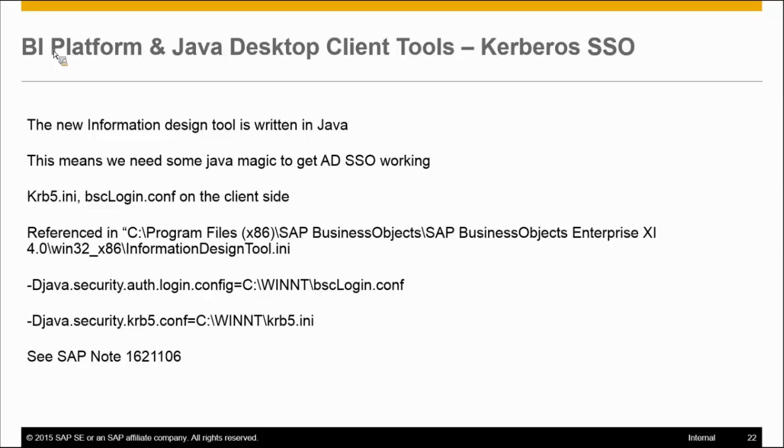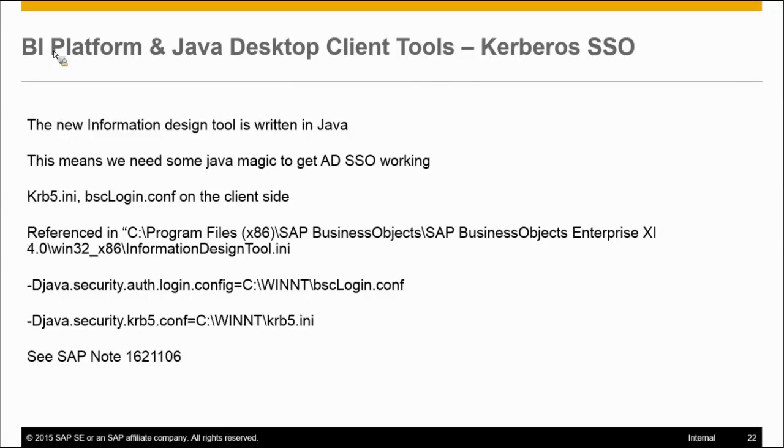And then finally, regarding Kerberos single sign-on for all the Java desktop client tools, we offer some steps to get it implemented. It's very straightforward. It's based on a configuration file that you set and save on the local folder of the BI tool.